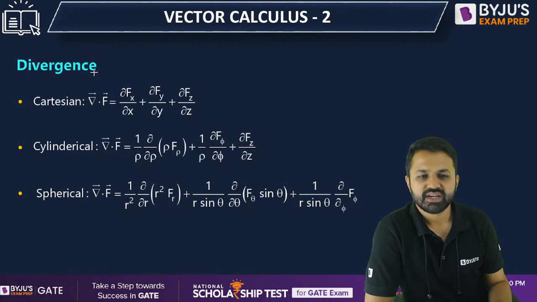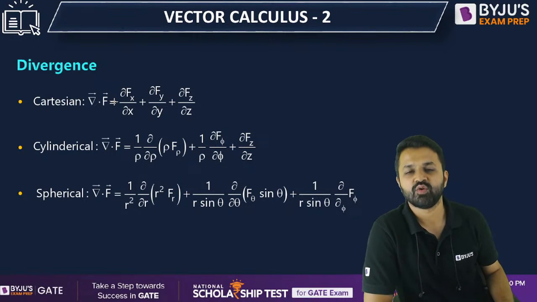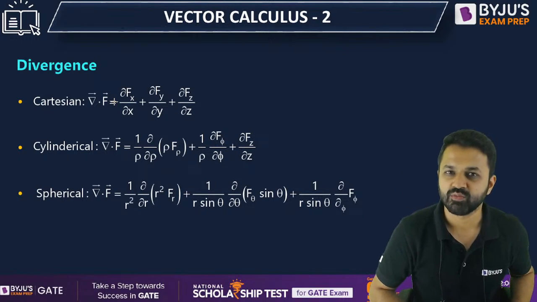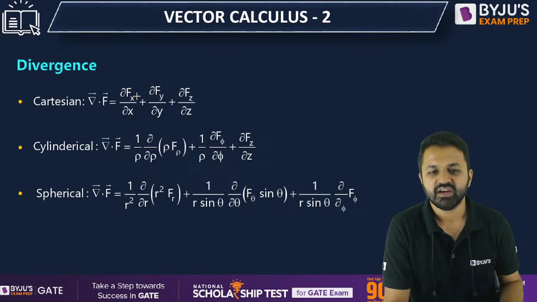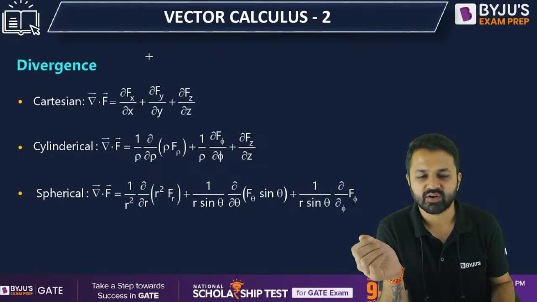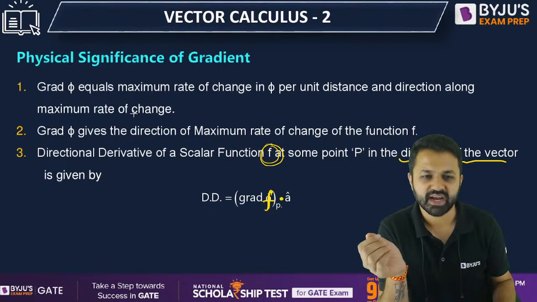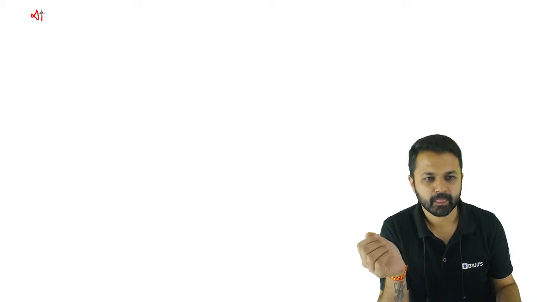Now, coming to the divergence, divergence has no shortcut and no particular method to memorize. You have to memorize it directly. So before writing that, let's write the divergence.